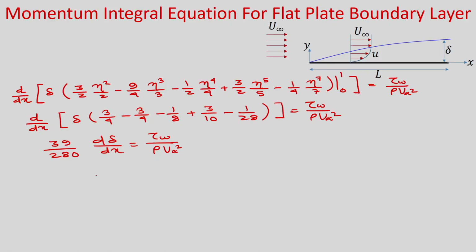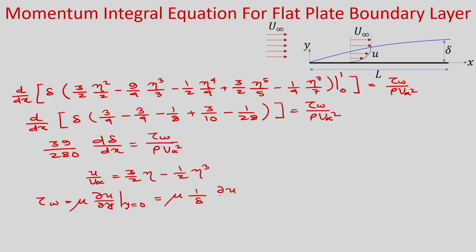So from there we can find τw in terms of delta. τw is the wall shear stress. We have the velocity profile u by U∞ equal to 3/2 η minus half η³. The wall shear stress τw we can write as μ ∂u/∂y at y equal to 0. In terms of η, that is μ times 1 by delta ∂u/∂η at η equal to 0.